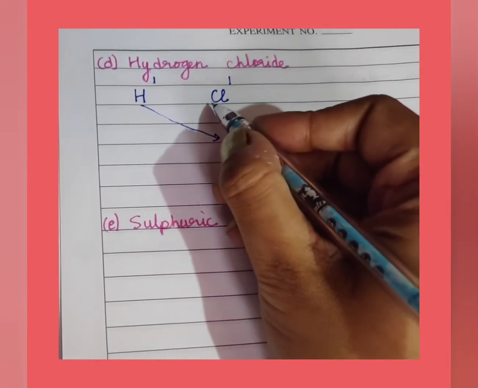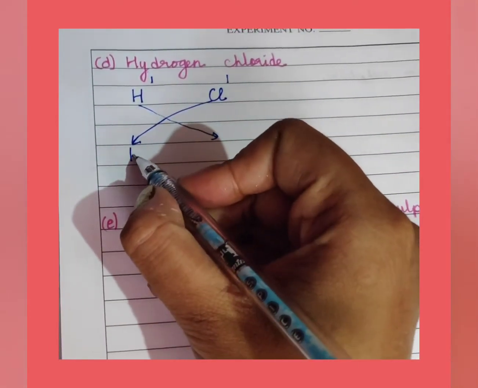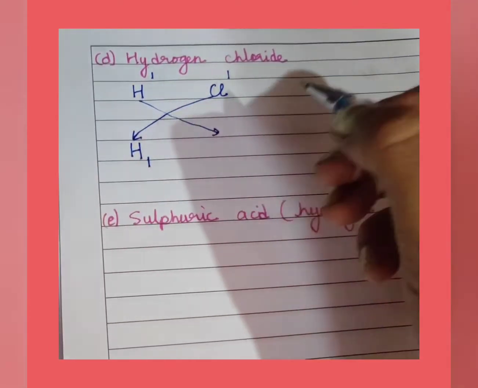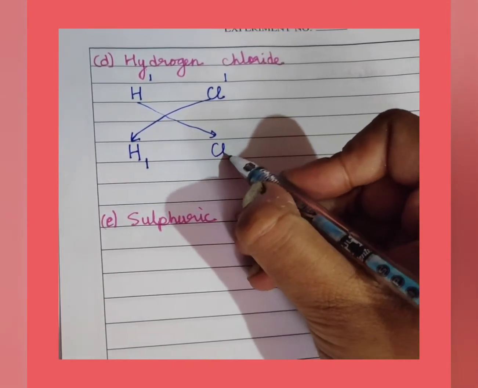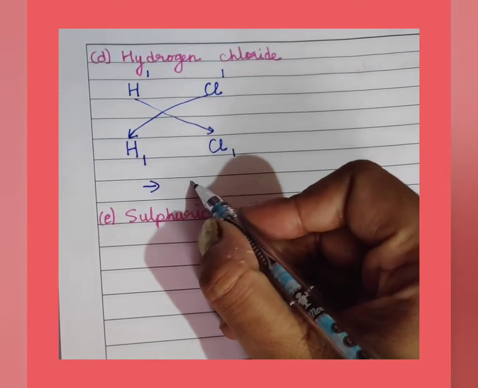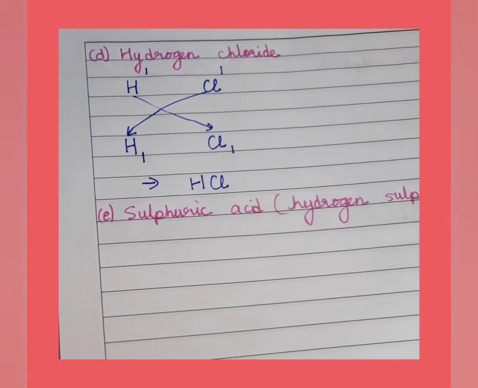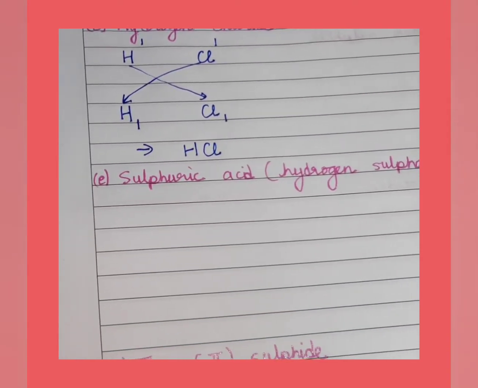Now they interchange their valencies. After interchanging, we write the valencies as subscript. So what is the formula? It is HCl.